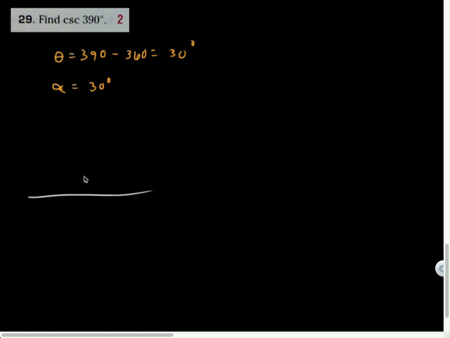All right, so just to draw a picture, it's always a good idea to do that. Give us a better understanding of this. So my original 390-degree angle looked like this, right? I found a coterminal angle, which is in the first quadrant, where your angles are the same as your reference angles. So here's the 30 degrees. And we're in quadrant 1, cosecant being the reciprocal of sine.